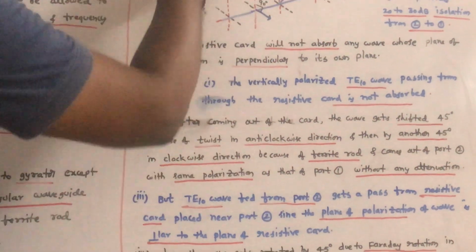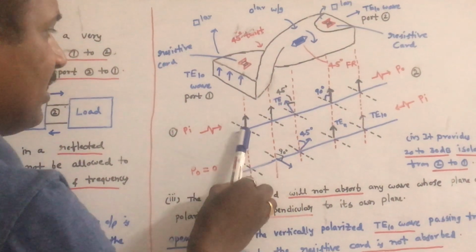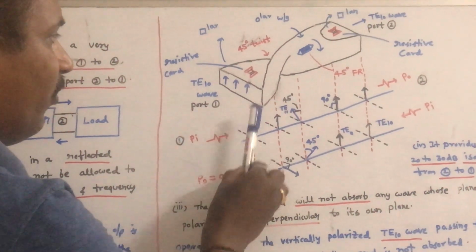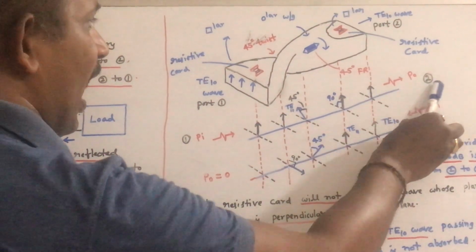You can clearly see that the plane of polarization of this wave is same as that of the input wave. This wave arrives at the output without any attenuation.